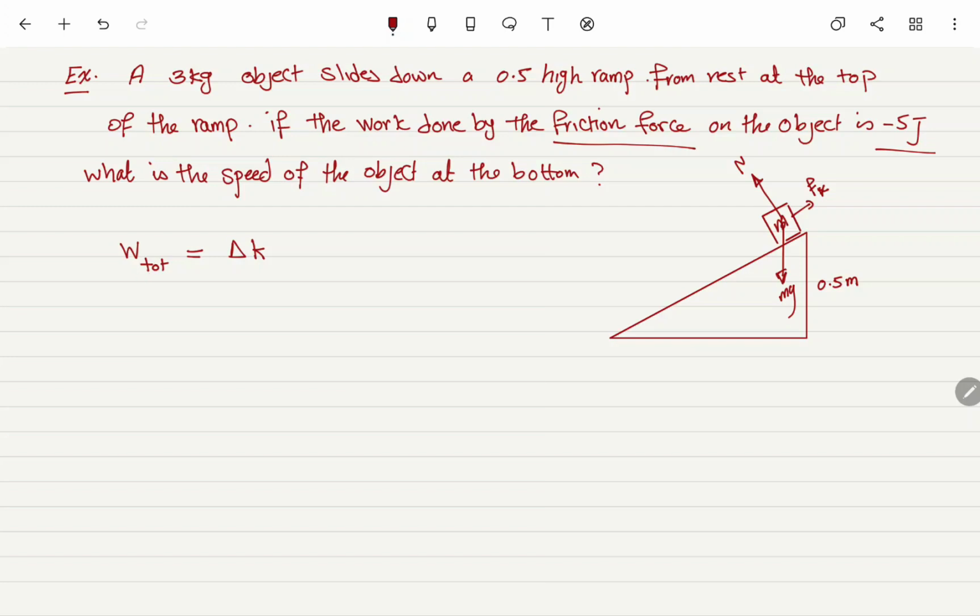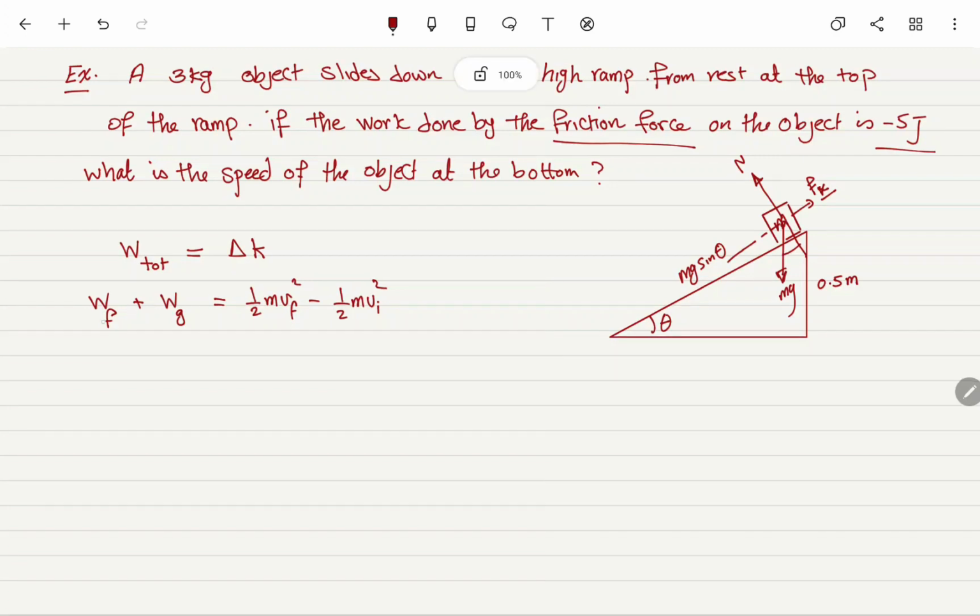Now, work total: we have work done by friction and work done by gravitational force. But this one we have to analyze into sine and cosine, mg sine theta, if this is theta. Now, we have work from friction plus work from gravity equal to half m v final square minus half m v initial square.